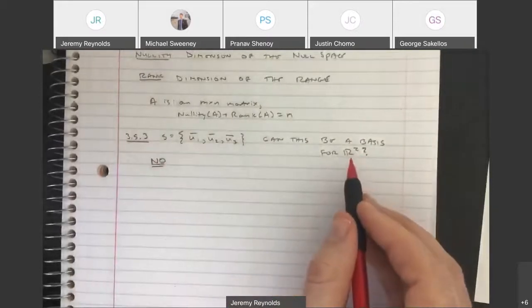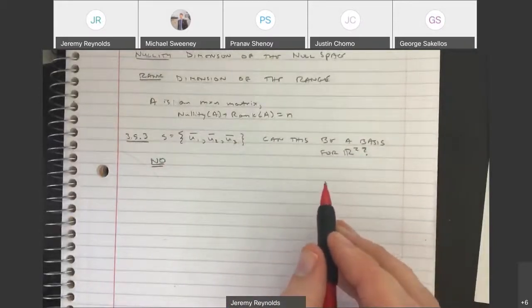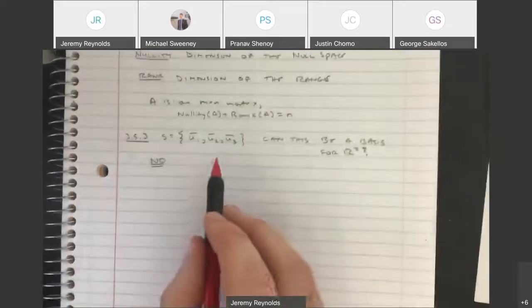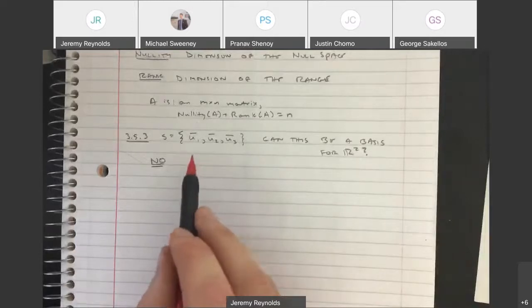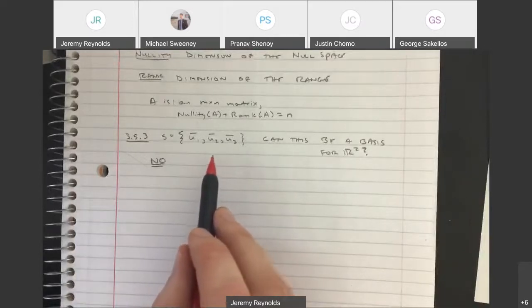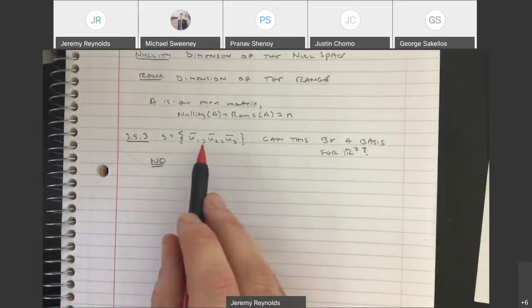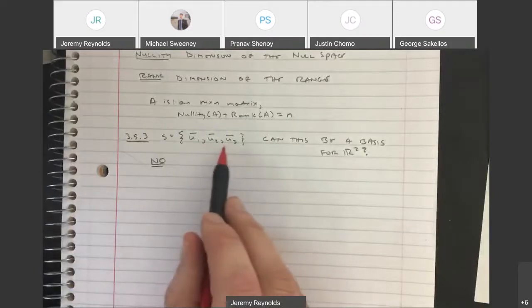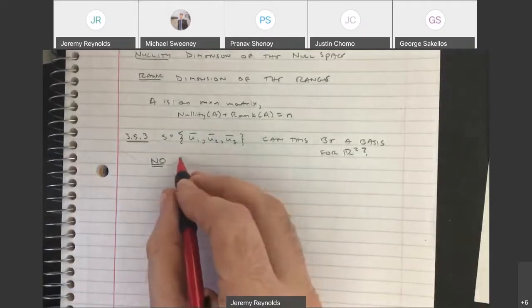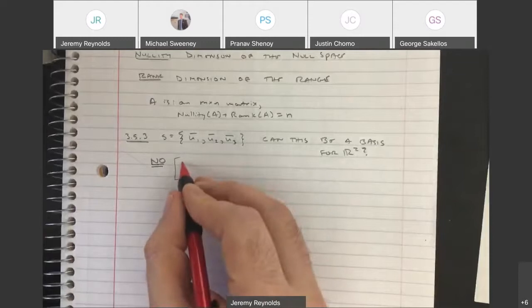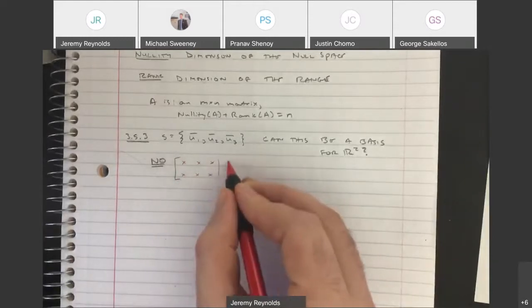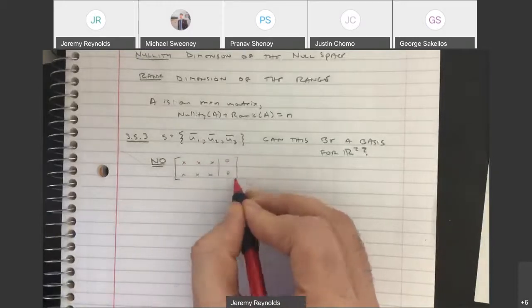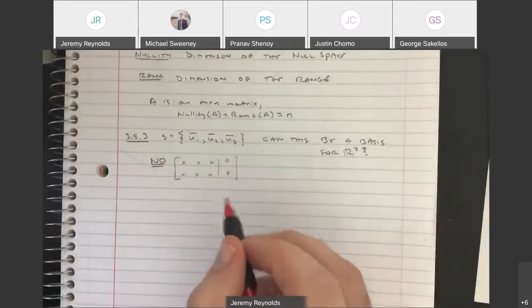It can't be a basis for R2 because we have three vectors. So let's say those are 2D vectors. That means that we're going to have more columns than rows. And in any matrix where we have more columns than rows, when we do our augmented matrix, that's always going to be linearly dependent.